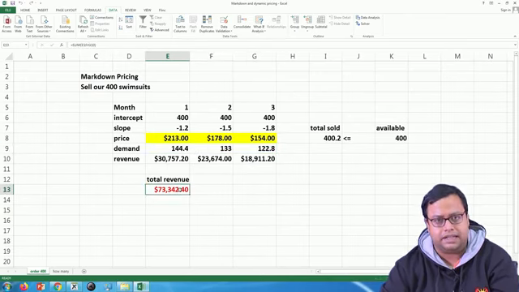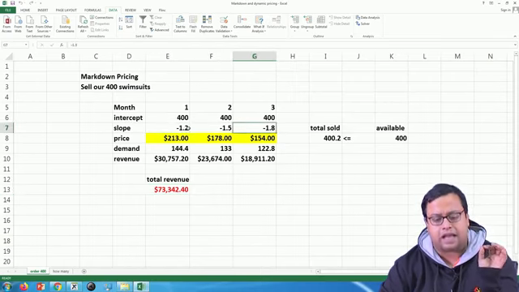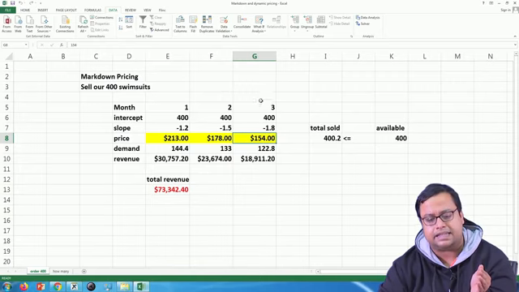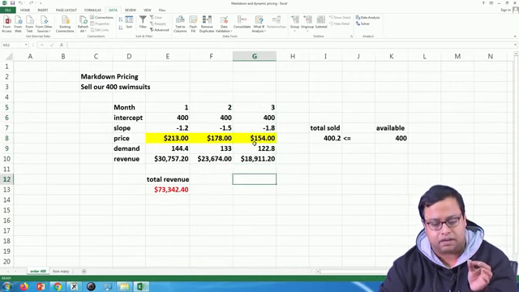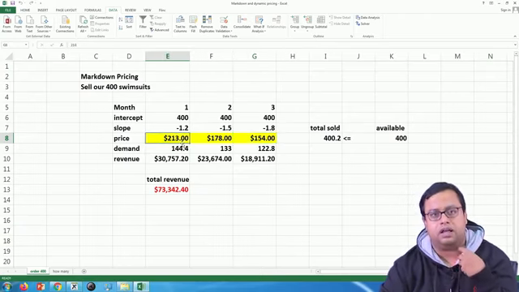So, all I am trying to say here is that this is one type of pricing. One thing that you notice clearly is that the slope goes up: 1.2, 1.5, 1.8. The prices are also coming down: 213, 178 and 154. So, I know that the last segment is more price sensitive and that is why I am charging much less there, but I am trying to take care of all of them.